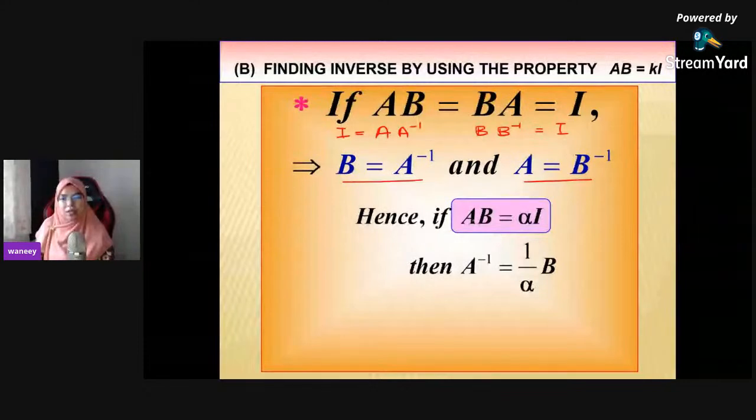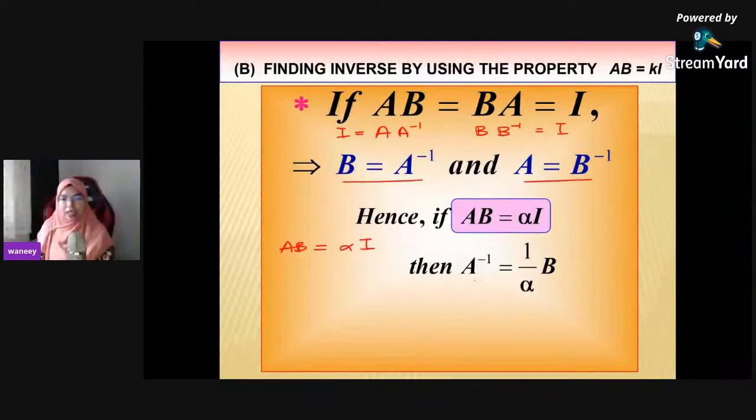Hence, if AB is equal to alpha I, then A inverse is equal to 1 over alpha multiplied with B.